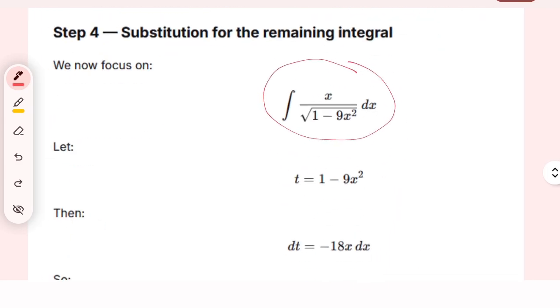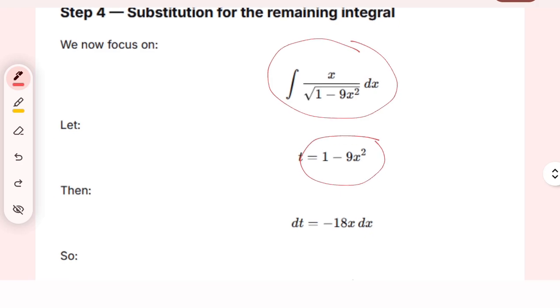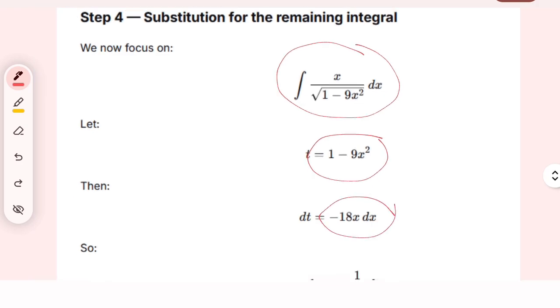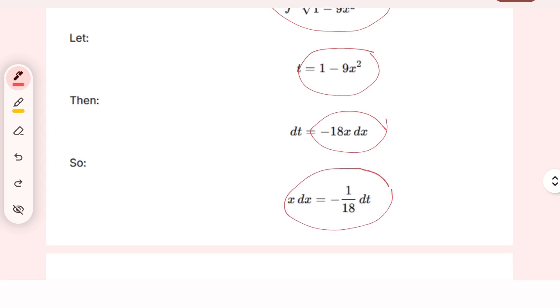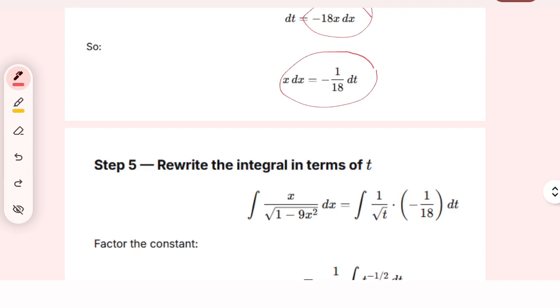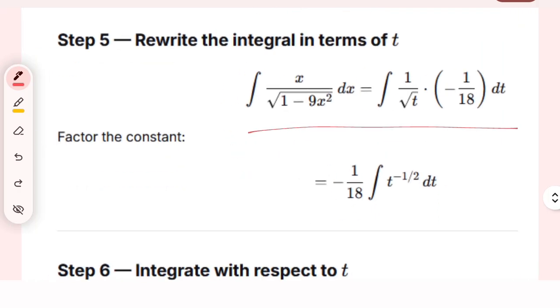All right? So we can let t equal 1 minus 9x squared, and we have dt as negative 18x dx, or if you substitute it back, dx x would be negative 1 over 18 dt. Now I want you to rewrite again the equation, and then factor the constant.